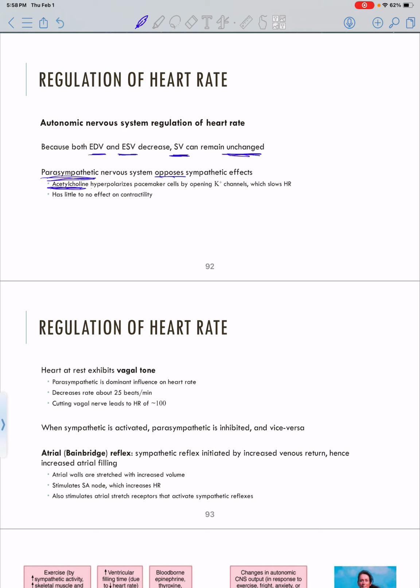And that's going to cause the pacemaker cells, so those cells that are in your SA node, AV node, and that conduction system, to hyperpolarize. And that's going to allow your potassium channels to open up. And as potassium leaves, it's going to cause hyperpolarization of the cell. This is going to slow your heart rate. So we would expect the parasympathetic nervous system to do this, while the sympathetic nervous system is going to increase it. And again, it doesn't really have any effect on the contractility of your heart muscle cells at all.